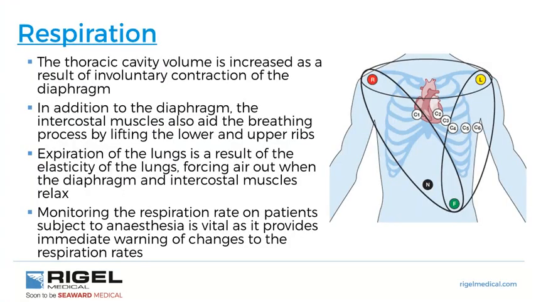Respiration. The thoracic cavity volume is increased as a result of involuntary contraction of the diaphragm. In addition to the diaphragm, the intercostal muscles also aid the breathing process by lifting the lower and upper ribs.